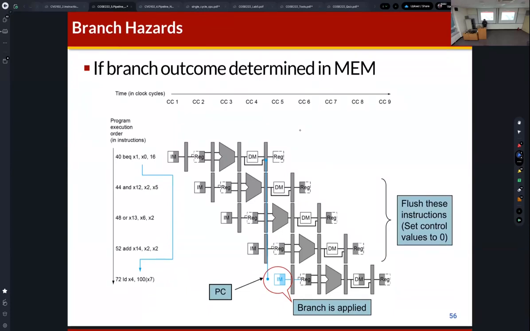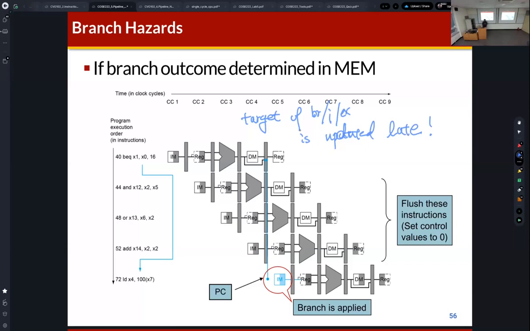It is because the target of these instructions, like branch, jump, and exception, is updated late.